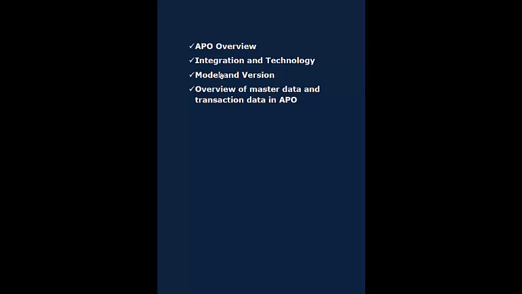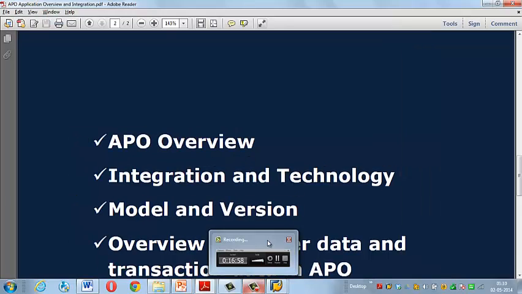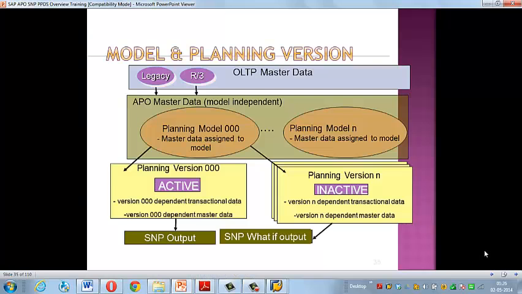Model and planning version. The supply chain model represents the entire supply chain network, ranging from suppliers or production and distribution sites up to the customer.